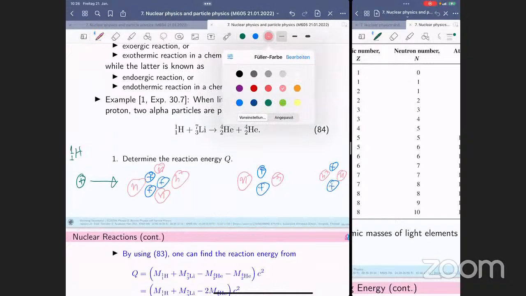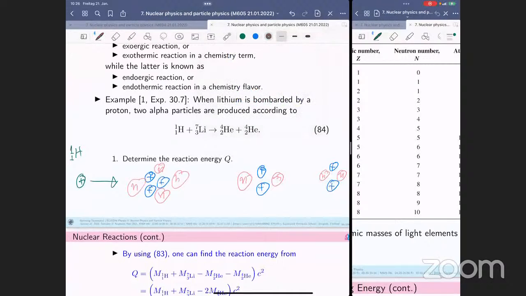This one is known as lithium-7, and this one is known as alpha particle, right? Helium-4-2, 2 protons and 4 nucleons. This is helium-4-2, another piece of helium-4-2. All right. That's the whole thing in this process. It's not difficult, right? You can analyze by yourself. It's not too difficult.